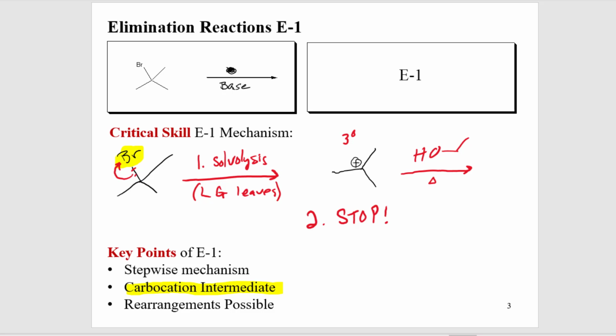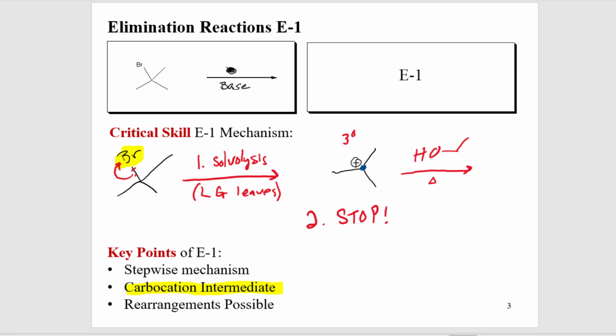And here's where things get interesting. I have the carbon bearing the carbocation, and I saw that in an SN1, a weak nucleophile or solvent is going to attack that and form an ether. But that's an SN1. I'm doing E1.